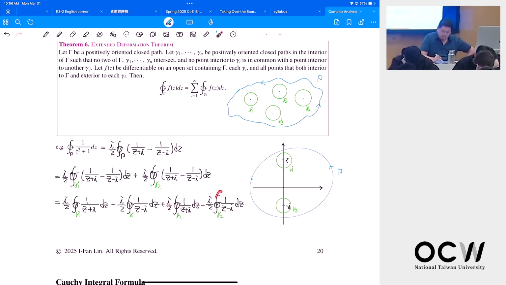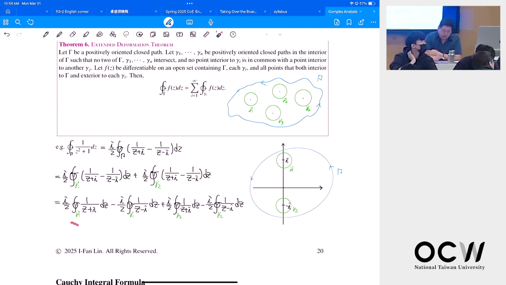And the last one, 0 or 2 pi i. So first, do you think it's 0? Raise your hand. 2 pi i, raise your hand. You only have these two choices.